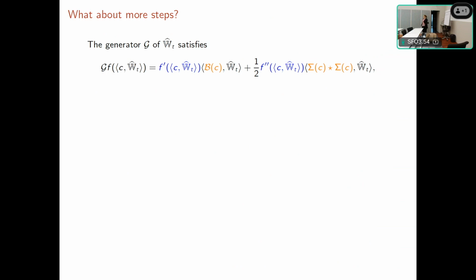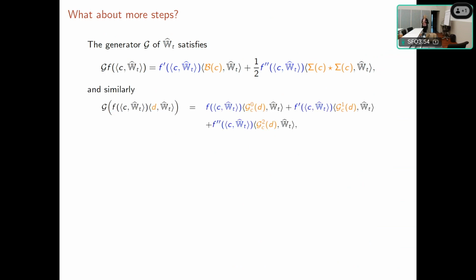This happens again if you apply the generator to functions times linear combination of the signature. If you do it, you get again something of the form derivatives times linear map of the signature. So, since we want to do it again and again, in an automatic way, we can work with this type of thing here.